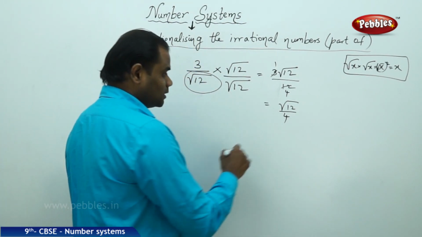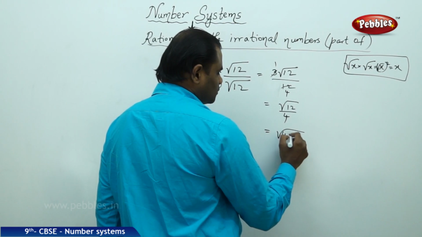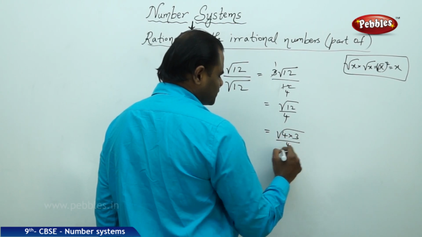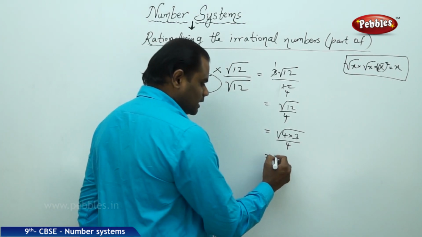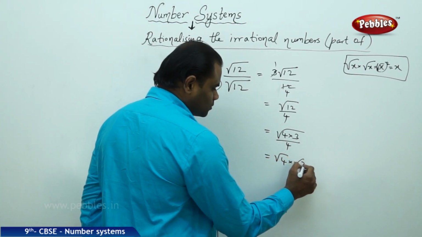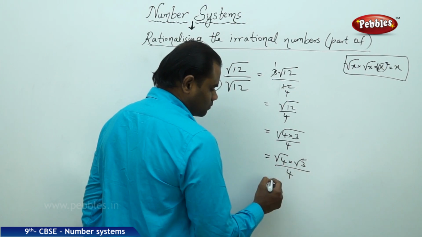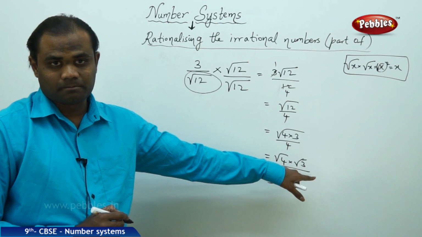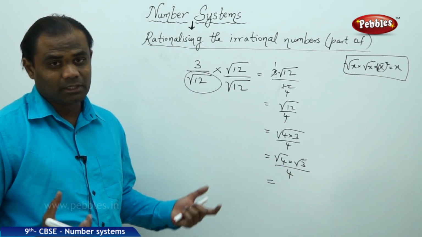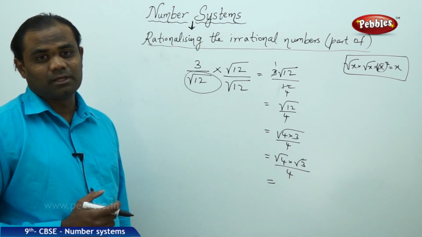This can also be further simplified by taking root 12, which is 4 times 3, and by 4, so that this can be split as root 4 times root 3 by 4, because root AB is root A times root B. Every factor can be split in the root provided it is in multiplication.